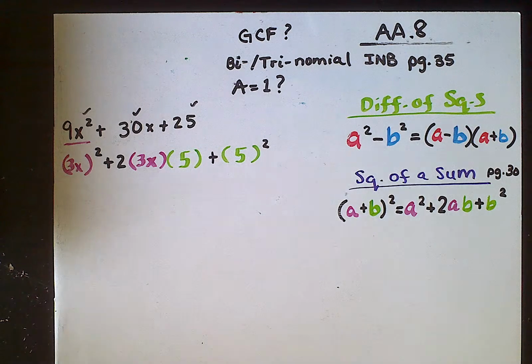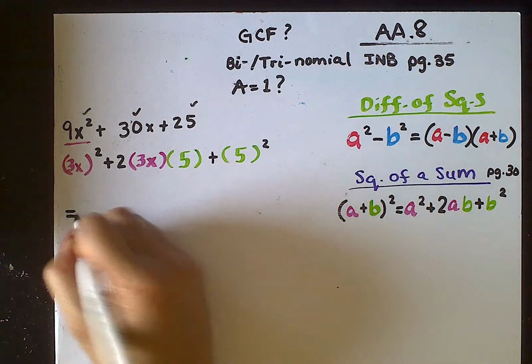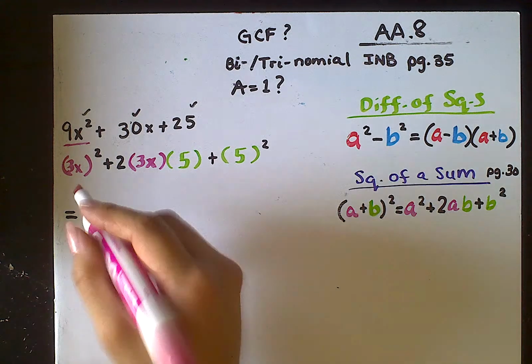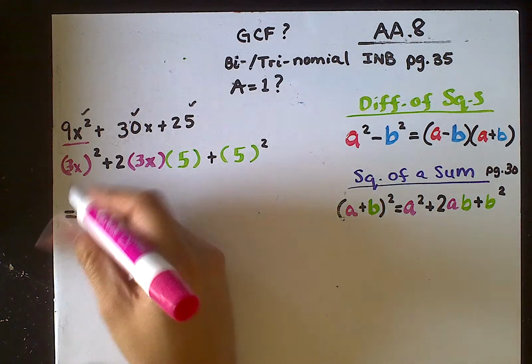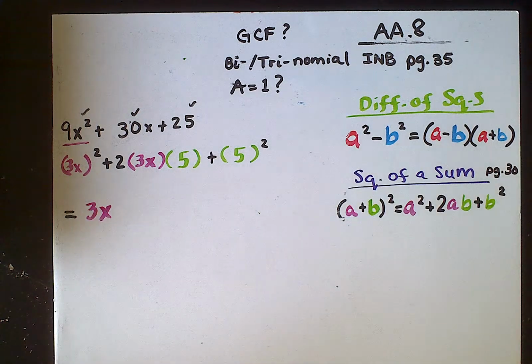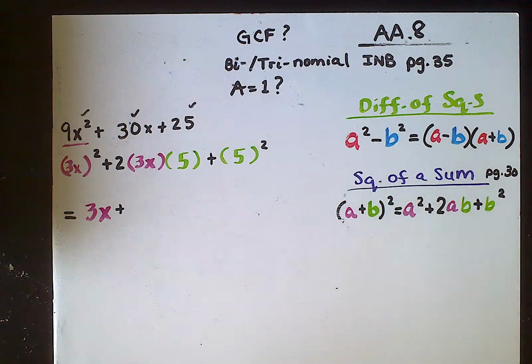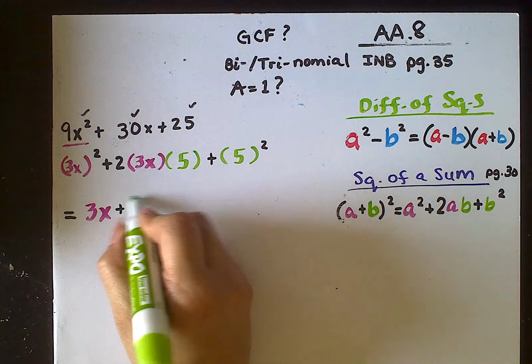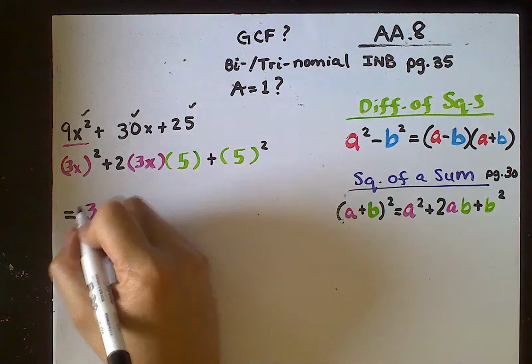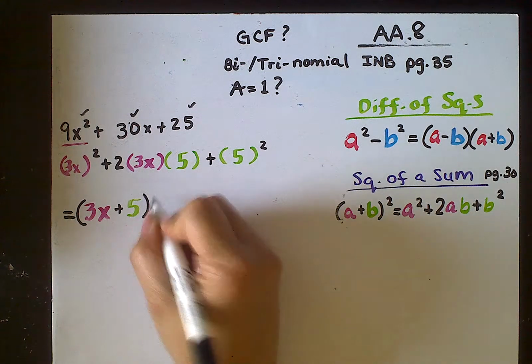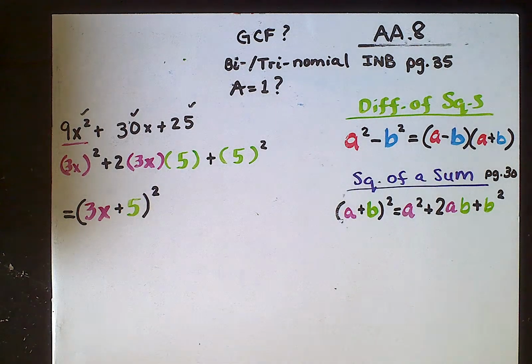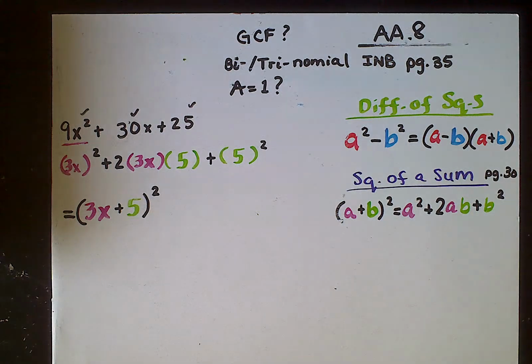So therefore, you can write your final answer as (3x + 5) in a set of parentheses and squared. I'm sorry, I was making something up off the top of my head and that's what happened.